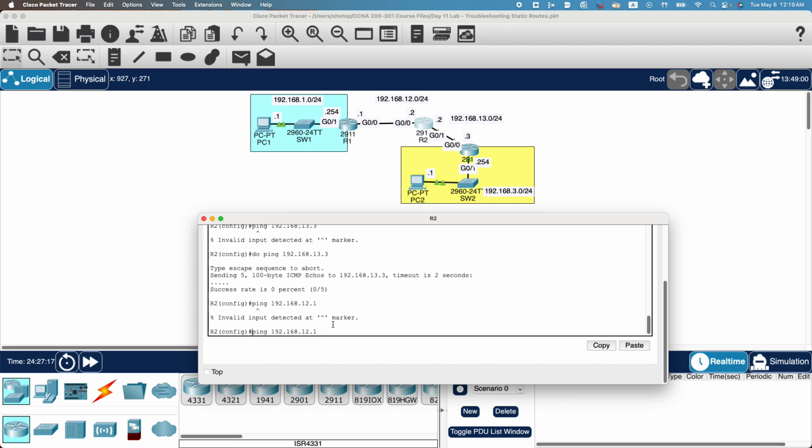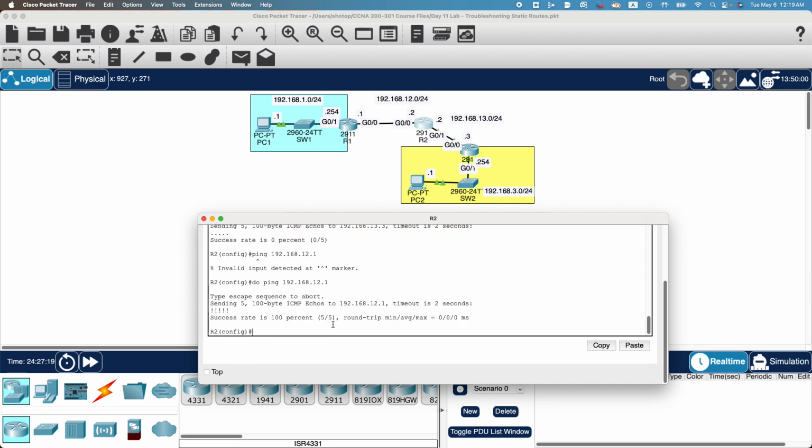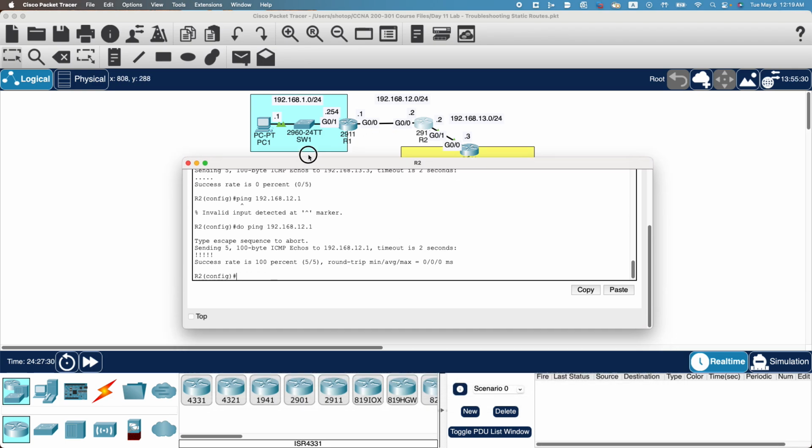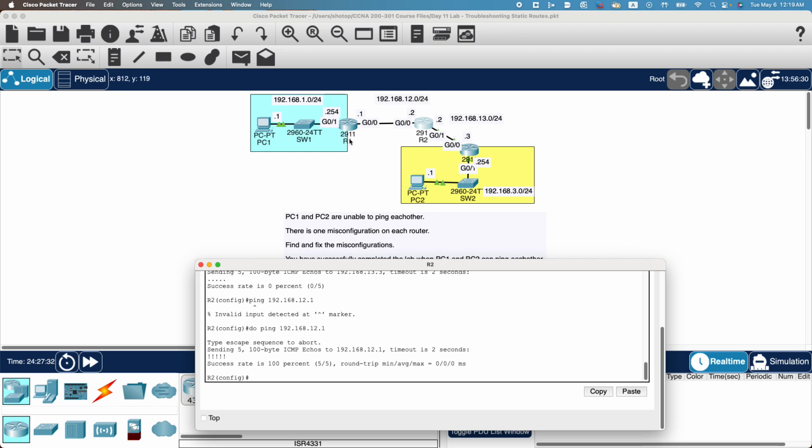How do I jump to the beginning in this operating system? R2 can ping R1. So now the whole path here is configured. And what do they look like? I wish I could have multiple windows open too.